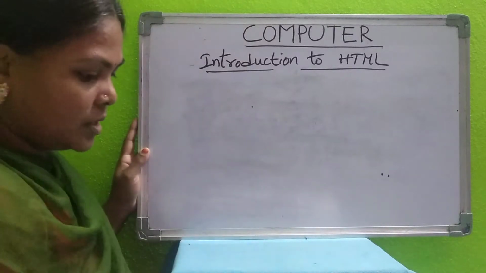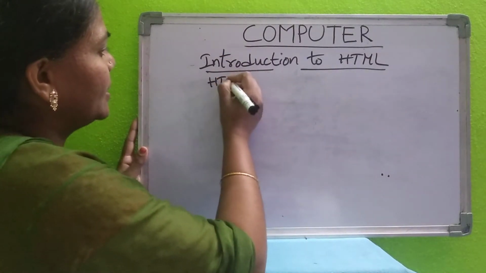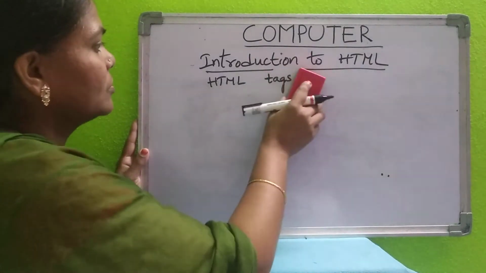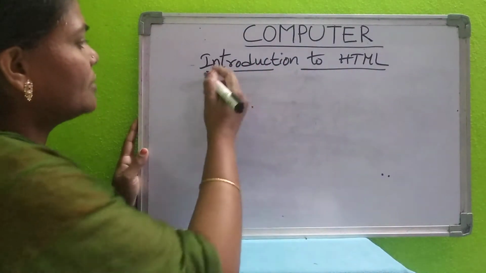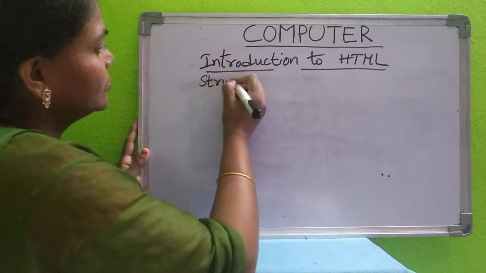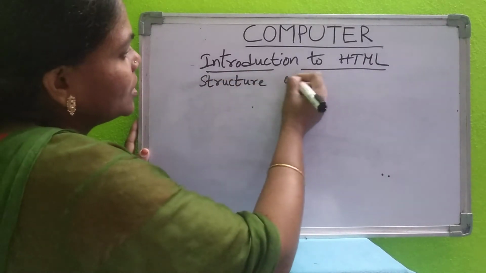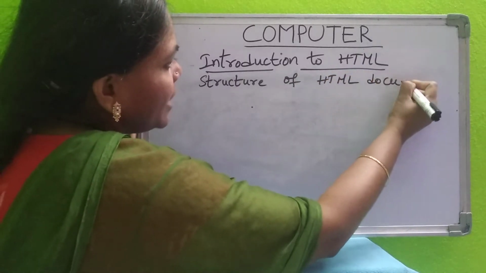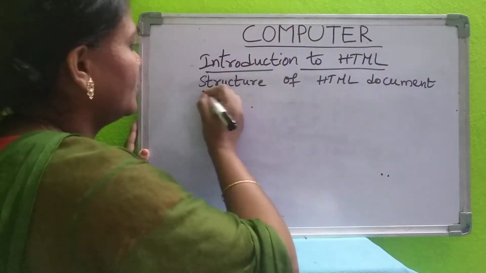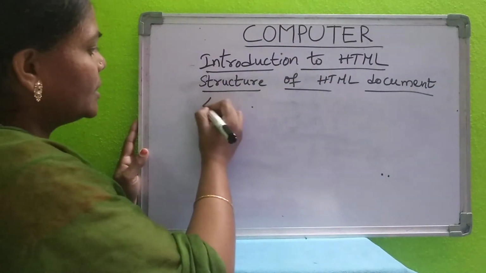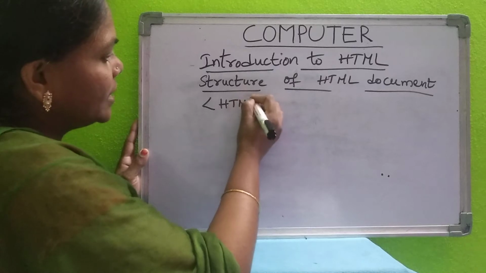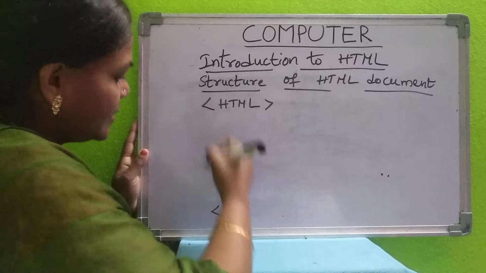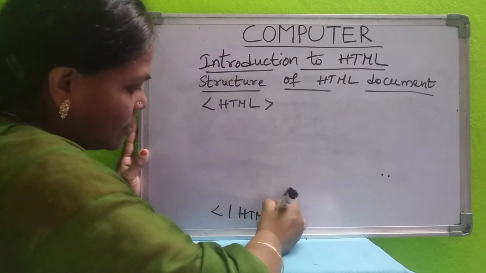Now we will see what the tags in HTML are. The structure of an HTML document: how to write a program in this HTML structure. First we have to mention HTML with an on tag and an off tag.